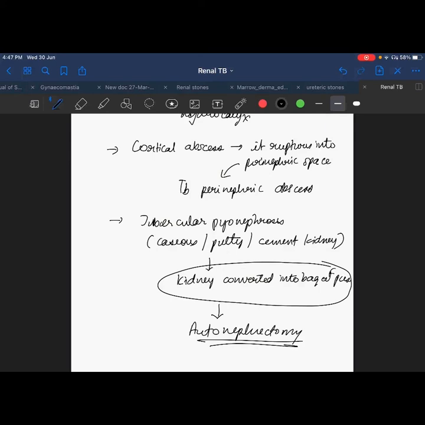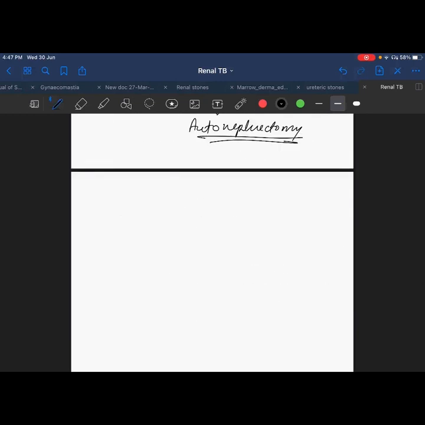It is as if the kidney is removed from the patient, but the body itself is doing it. The body is cutting it off from the other systems, and that is known as autonephrectomy. We are not doing it. The body itself is doing it. This is known as autonephrectomy.